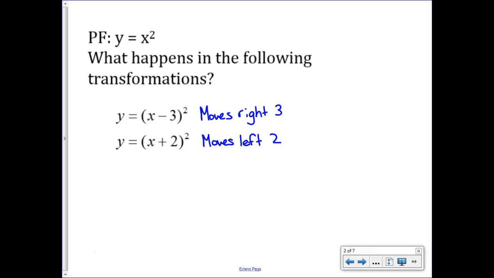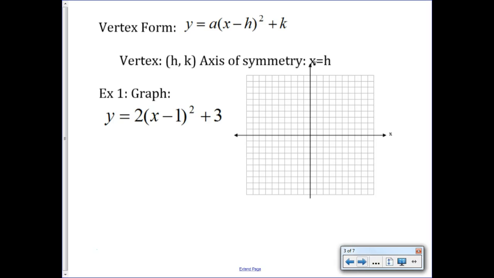So that leads us into vertex form. Vertex form is right at the top there. Looks like y equals a in parentheses x minus h, quantity squared, and then plus k. The really nice thing about vertex form is your vertex is given to you in this form. It is h and k.